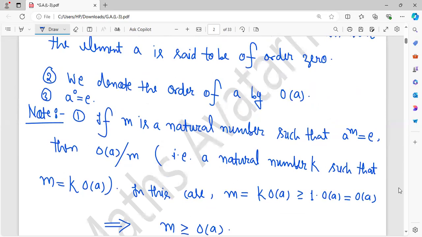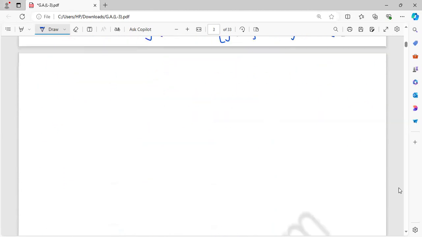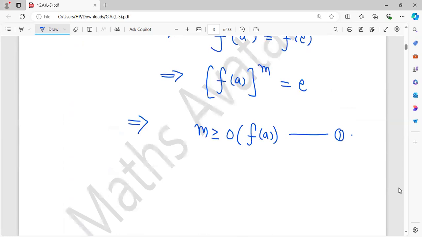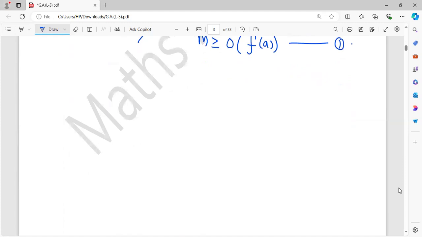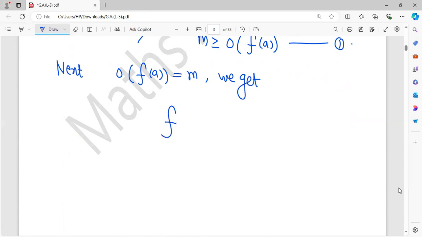Now consider the element f(a), and apply the same thing here. Next, order of f(a) is equal to m. So we get, what is the definition of order? f(a) raised to the power m.